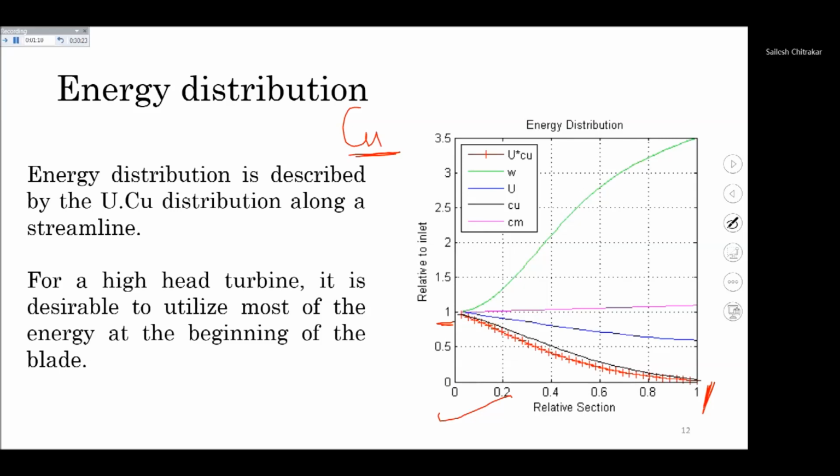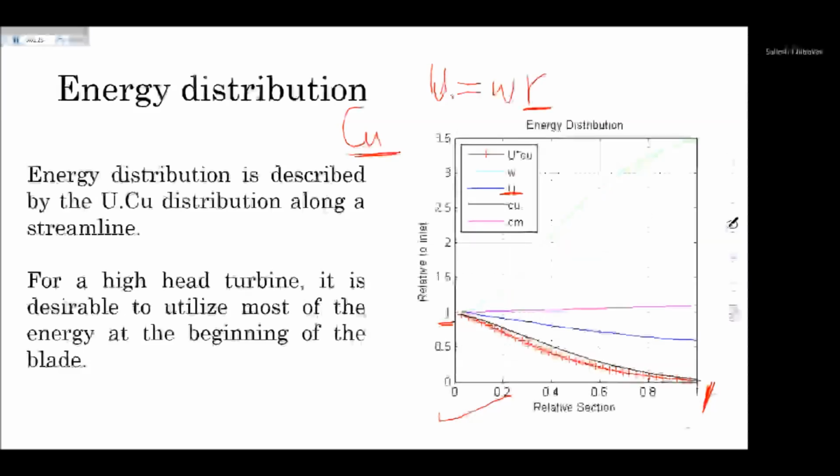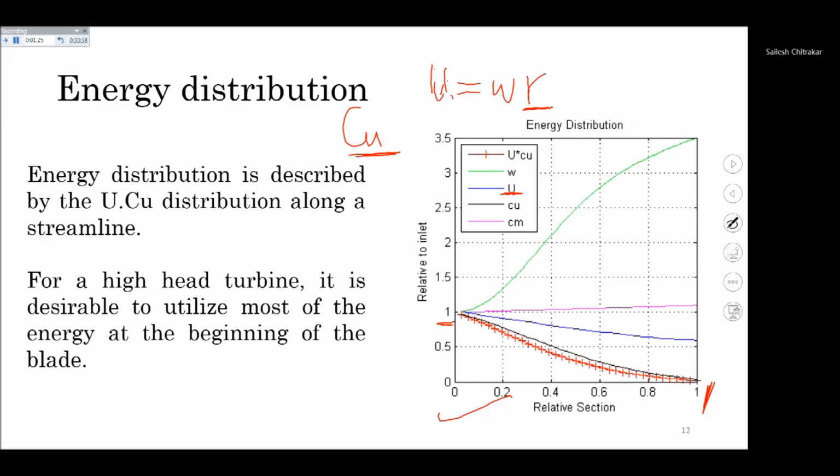What happens to U? U will also decrease, because we know that U equals omega times R. So as R is smaller in the case of the outlet, we will see that U will also decrease at the outlet. At the outlet, the Cm component will increase a bit, because we know that there is some acceleration required in order to drive the flow into the turbine.